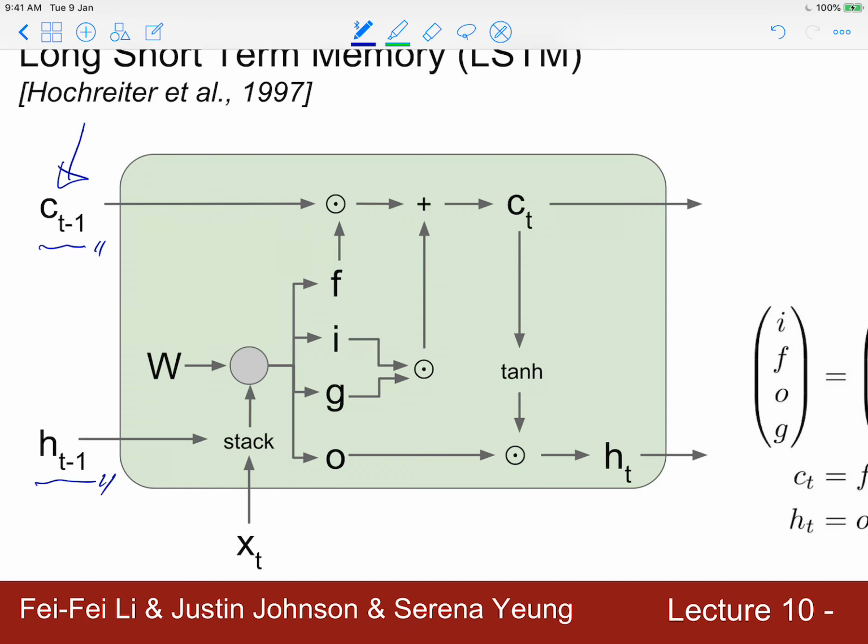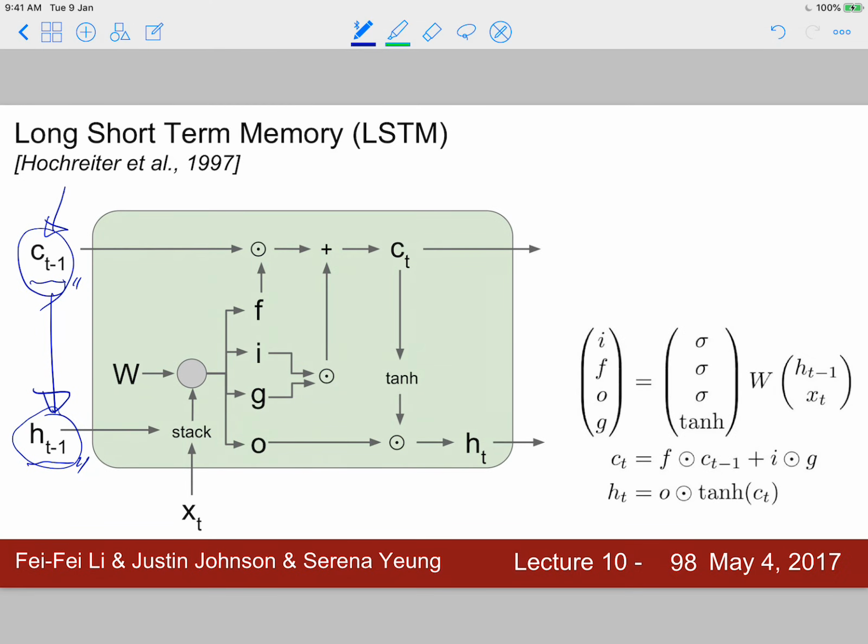Which one is playing the major role between the two? The cell state is more important. The h_t will just follow, or be just an output of this cell state. So the cell state itself is really the important part.